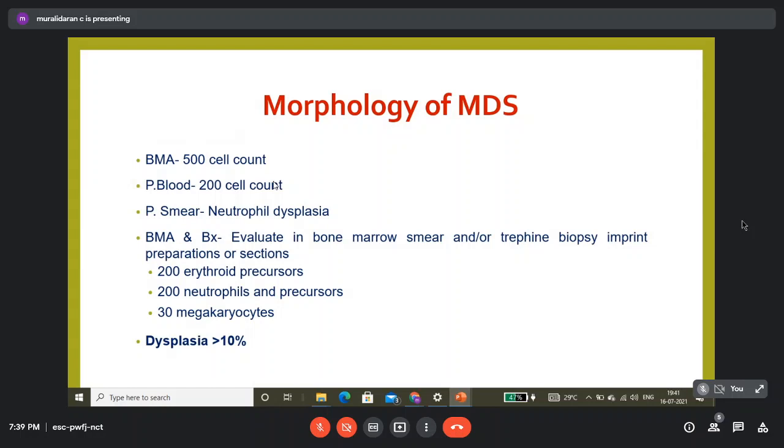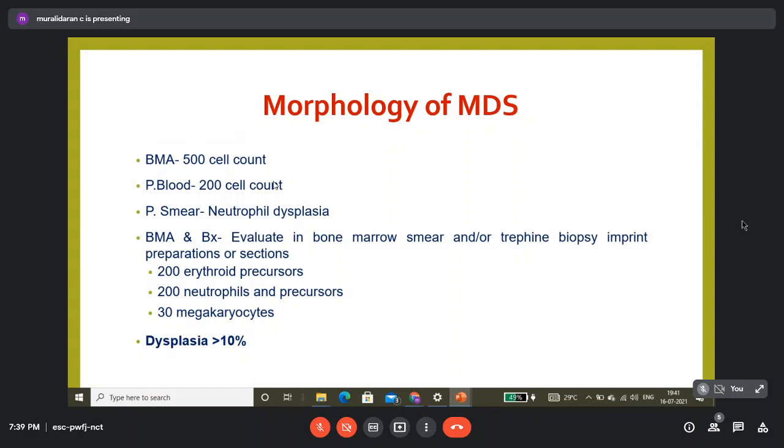In the bone marrow or the imprint, we should look for dysplasia in at least 200 erythroid precursors and at least 200 neutrophils and their precursors, and at least 30 megakaryocytes should be present to assess for dysplasia. By the WHO definition, to say dysplasia, it should be present in more than 10% of the cells in the visible lineages.